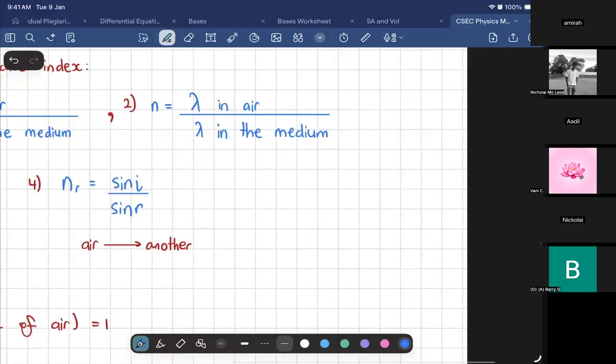I have a question, guys. If I were to plot a graph of sin i versus sin r, what do you think the gradient would be? Sin i over sin r, which represents what?